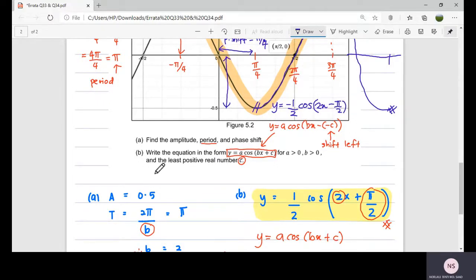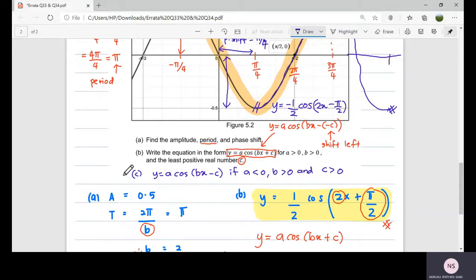Okay, let's say this is for question C. For example, I will add here: write the equation in the form of y equals a cos bx minus c if your a is less than 0, b is greater than 0, and c is greater than 0.